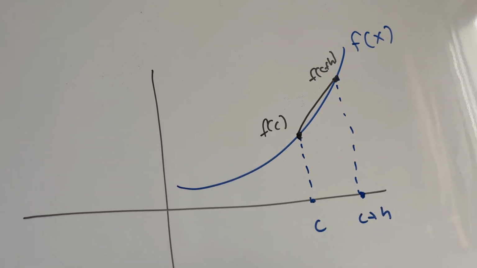So this quantity, the slope, gives me an approximation of the speed.